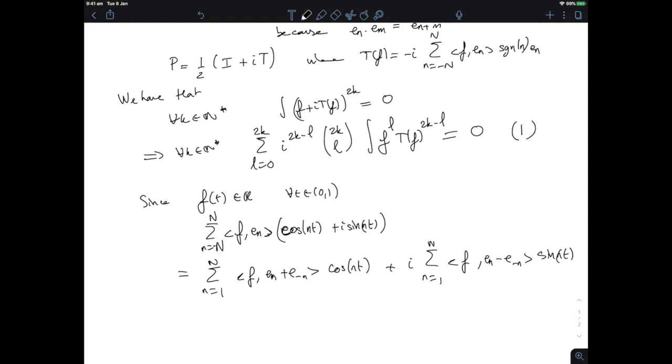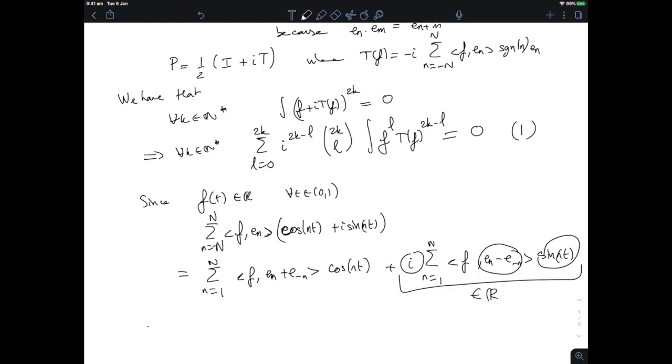And this here is a real number, this times this is a real number, so this here has to be a real number. But what we've got here is really Tf actually.